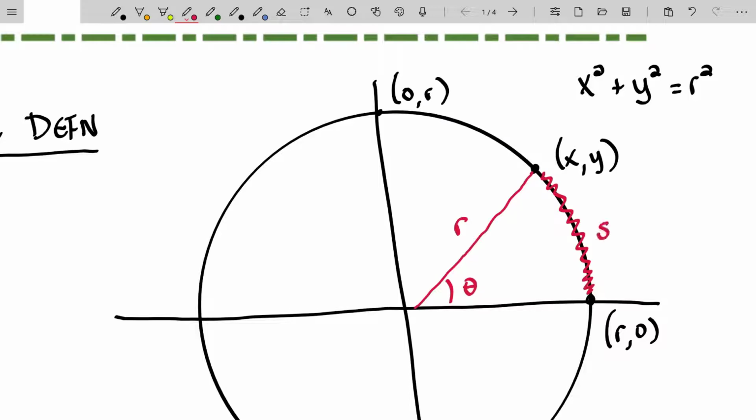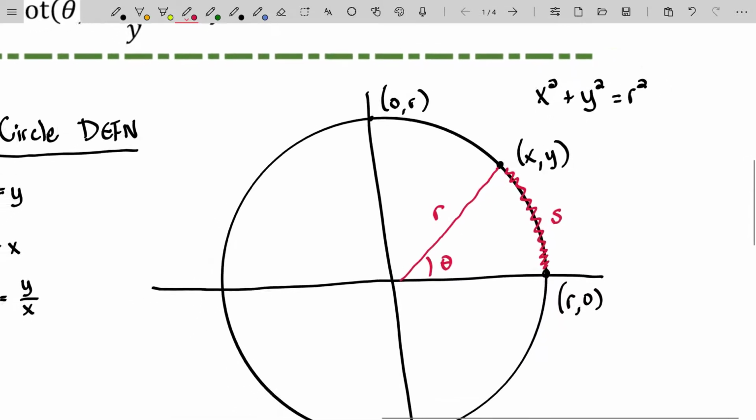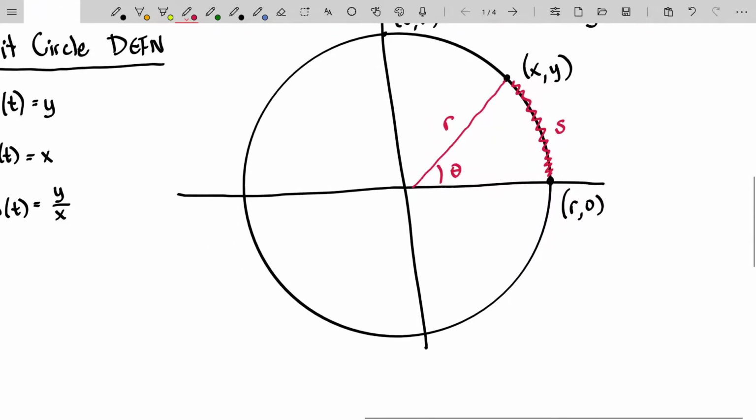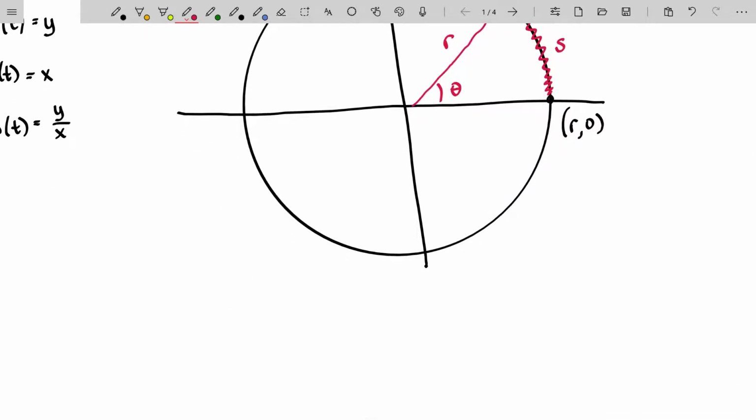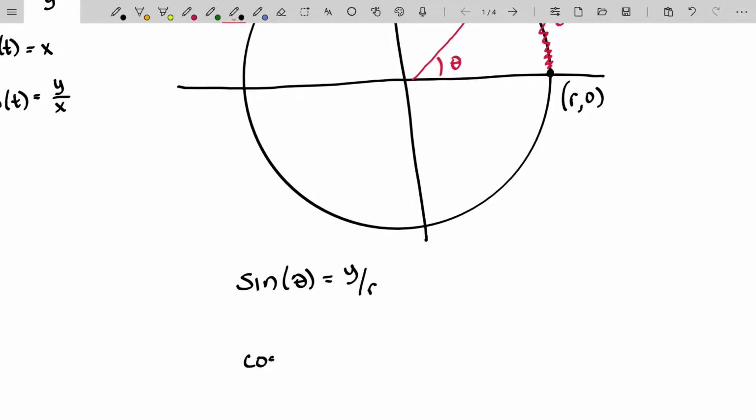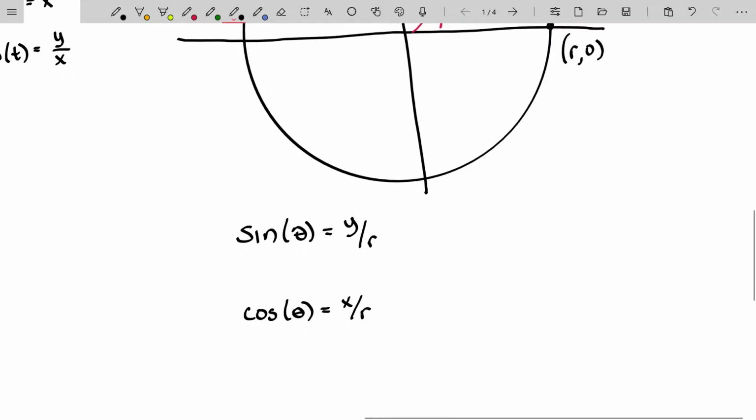Because, again, the angle and arc length don't match. The arc length is some s, the angle is a theta in radians. So what we're going to go ahead and do is define the trig functions this way. Sine of that angle theta is the y value over the r value. The cosine of that angle theta is the x value of that point over the radius.